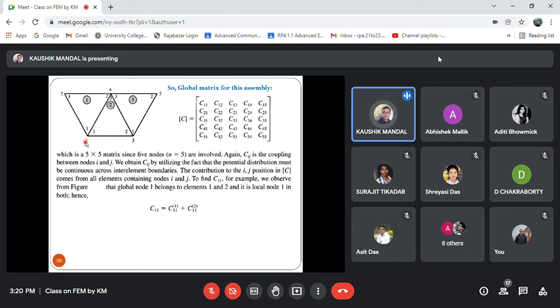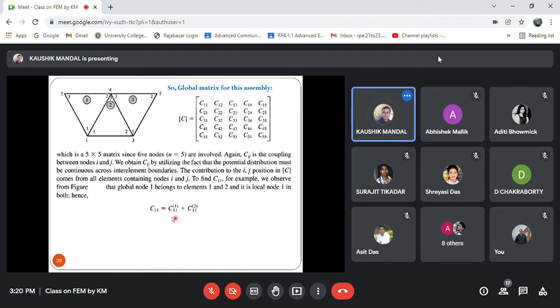This node 1 is associated with elements 1 and 2, not with element 3. In elements 1 and 2, only node 1 of element 1 and node 1 of element 2 are connected with this particular global node 1.